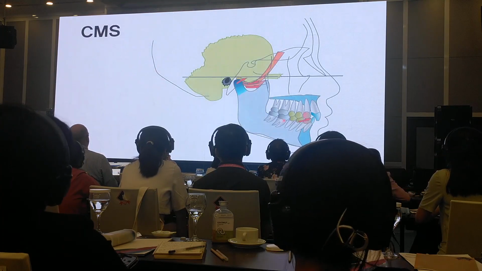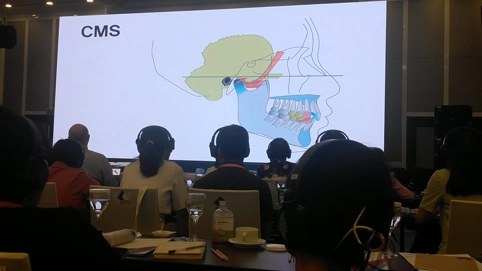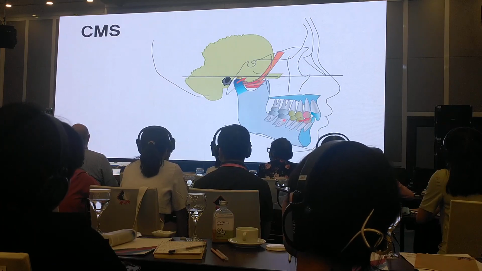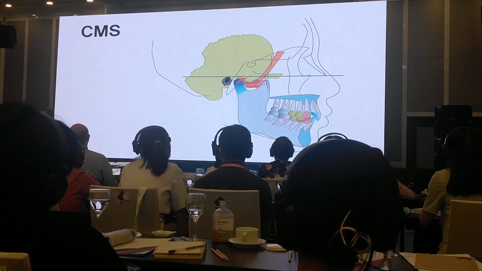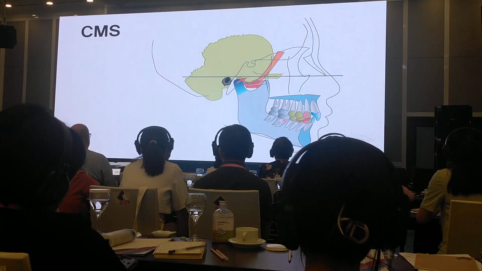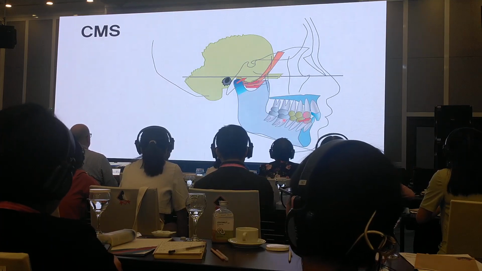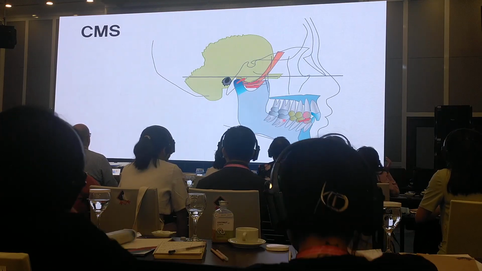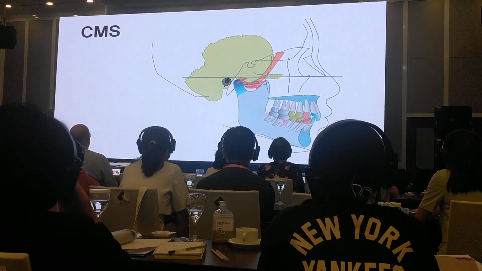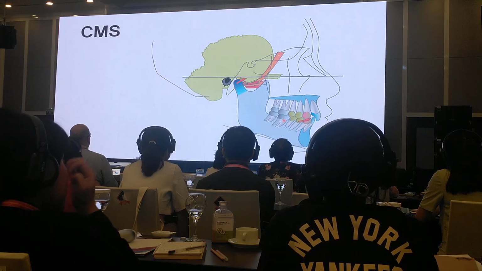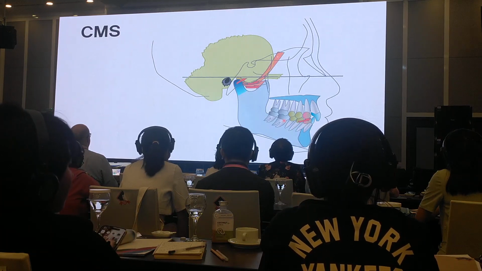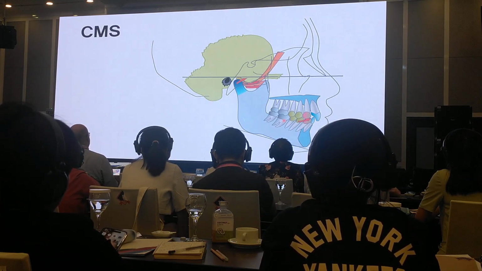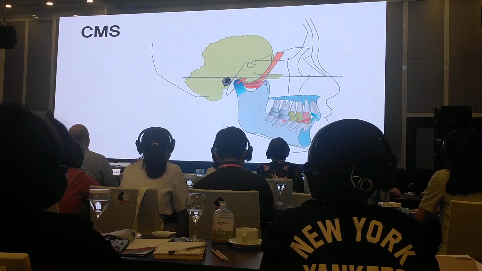Therefore, I'd like to finalize this part. Now, the craniomandibular system is a system which holds the mandible in the forward position: the lateral pterygoid muscle superior head, the temporal muscle anterior part going here, and also the masseter muscle too.